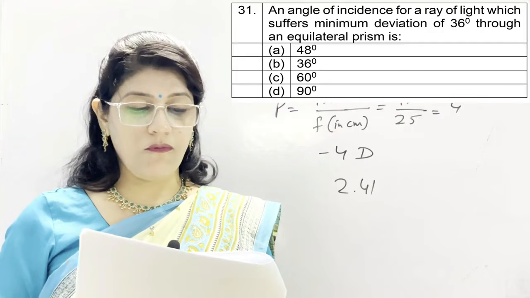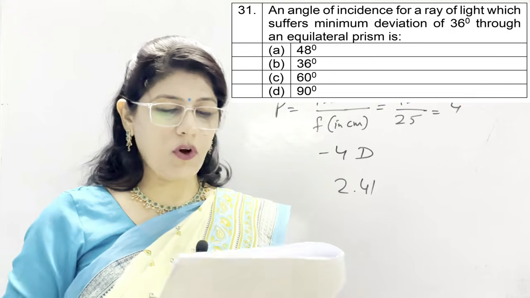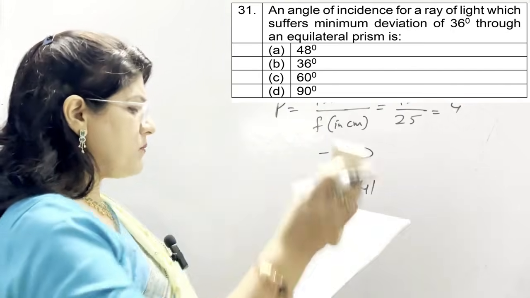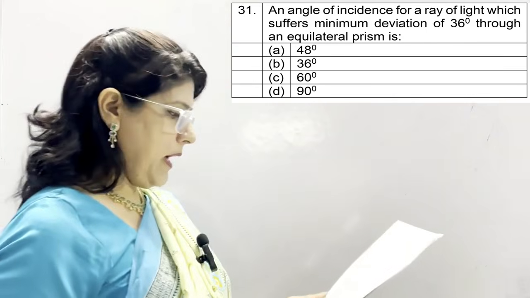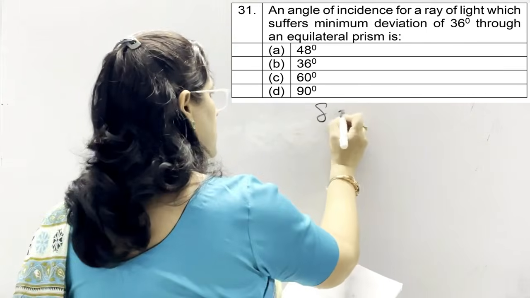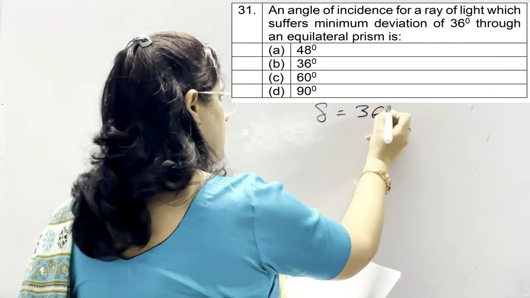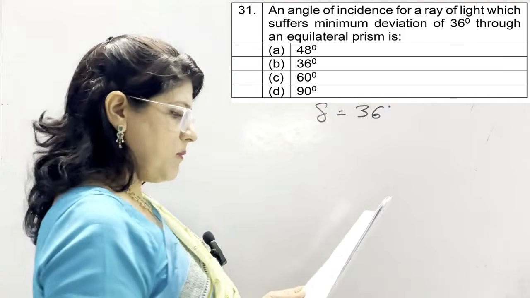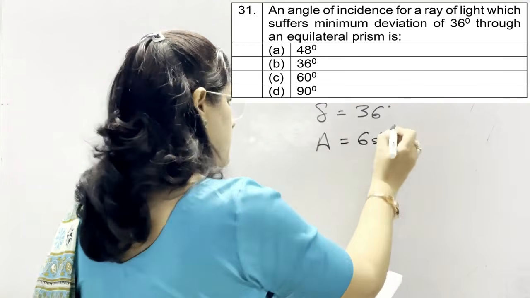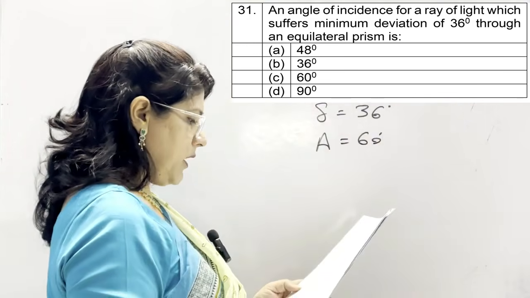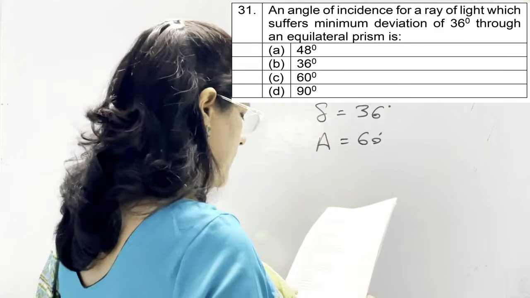In question number 31, find the angle of incidence for a ray of light which suffers minimum deviation of 36 degree through an equilateral prism. For an equilateral prism, angle of prism is 60 degree, we know. So here we need to calculate the angle of incidence.